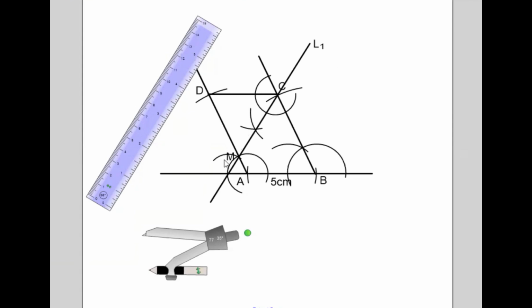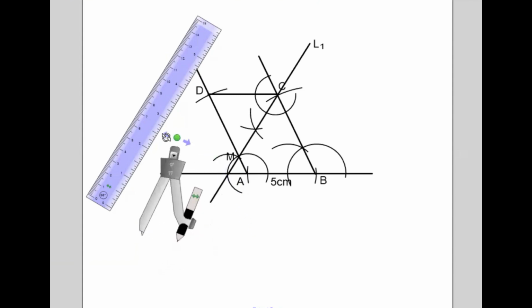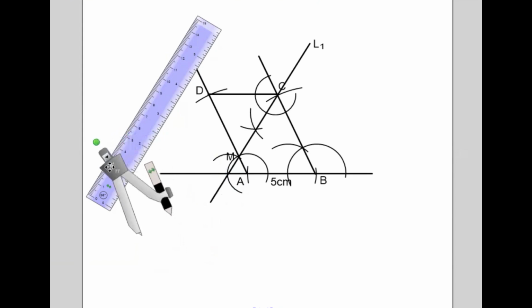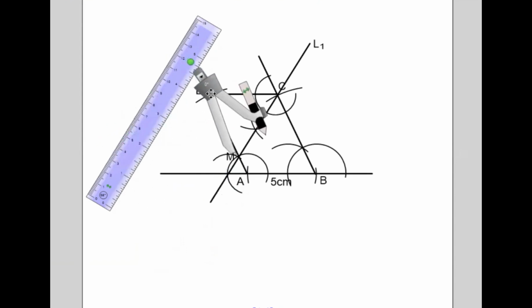And in II, we have to draw a circle center O with CM as diameter. So you can bring your compass and measure C to M. This is point M. C to M is our diameter, and you measure that C to M along the ruler.